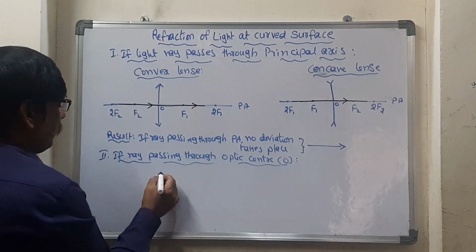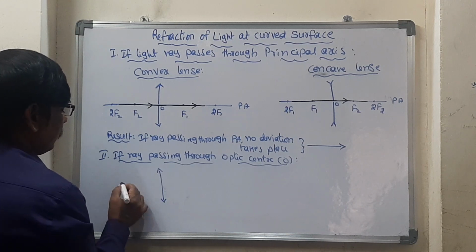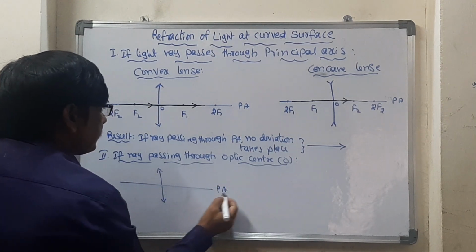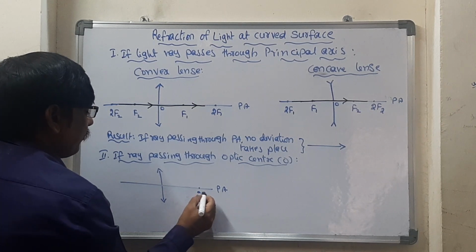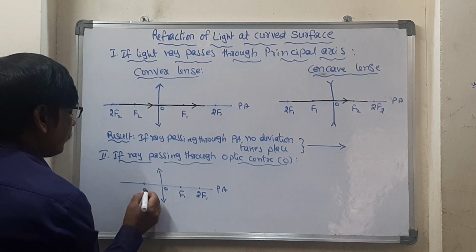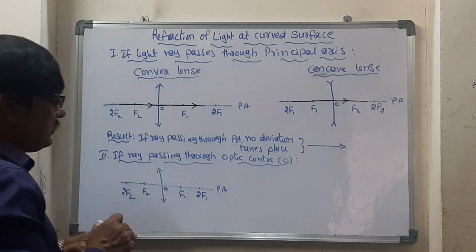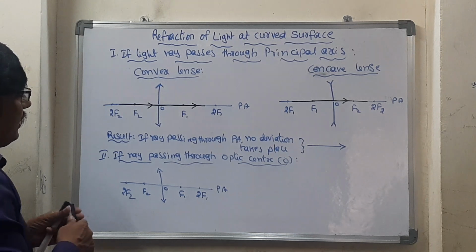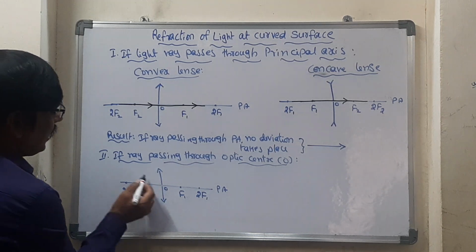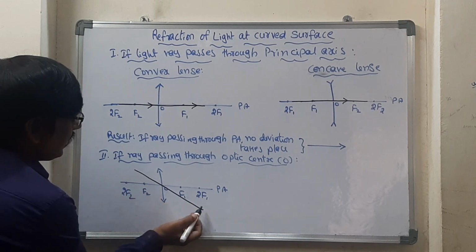Here we draw a convex lens and the principal axis, 2F1, F1, optic center, F2, 2F2. Now what is the question given? The ray is passing through the optic center.